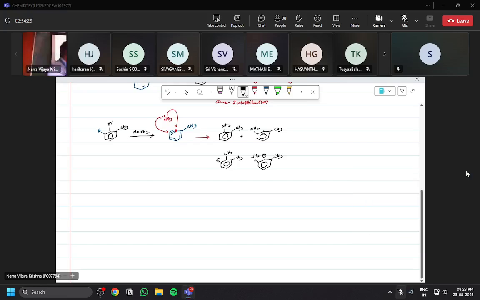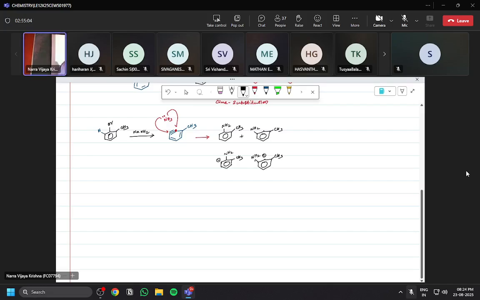Now, what type of group is methyl? Plus I. What type of group is NH2? Minus I. This negative charge is away from methyl. Here the negative charge is adjacent to methyl. Among these two anions, which is the stable anion, first one or second one? What type of groups are both?